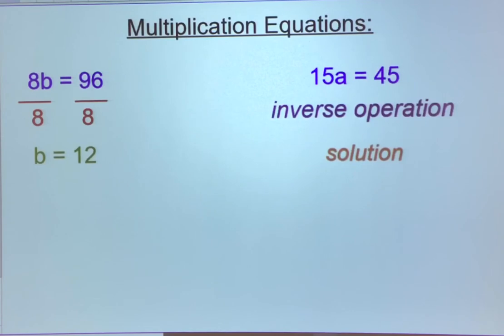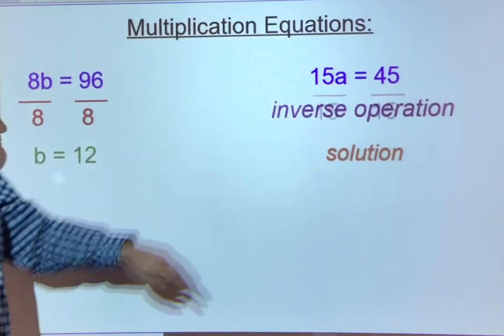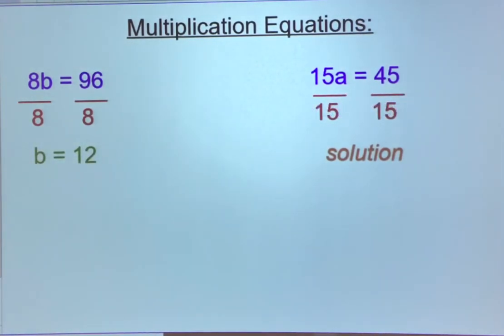On the right-hand side of the screen, we've got 5a is equal to 45. Well, 5a, we remember, means 5 times a. The variable's not isolated, so we need to undo the multiplication with division. So we need to show divide by 15 on both sides of the equation.